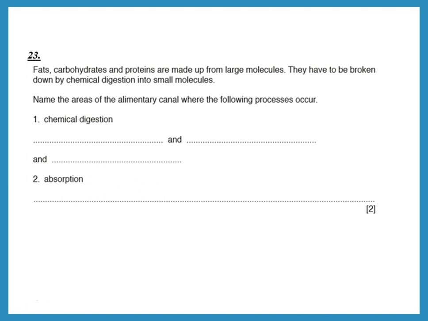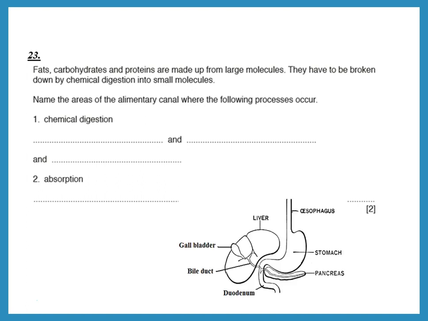Remember, we said chemical digestion is the one that requires enzymes. Where do we have enzymes in the alimentary canal? You have an enzyme in your mouth, and you have an enzyme in the stomach, and you have enzymes acting in the duodenum. But where do we have absorption? We have absorption in the second part of the small intestine, which is the ileum.